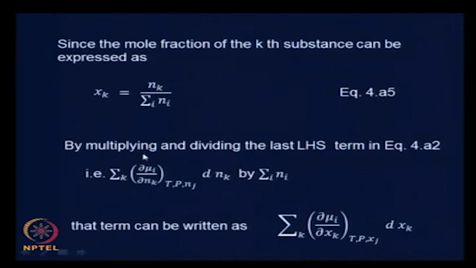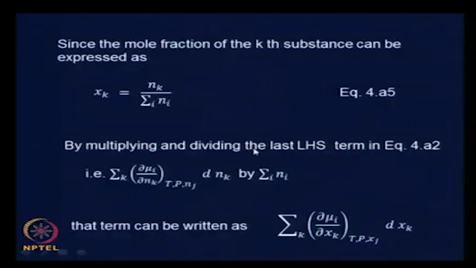Okay, there are a few extra steps before we get to the point of interpreting the partial molar quantities. By multiplying and dividing the last term on the left hand side of equation 4a2 by summation over ni, this was the last term, sum over k dou mu i dou nk at constant T, P, all other n's remaining constant, d nk.